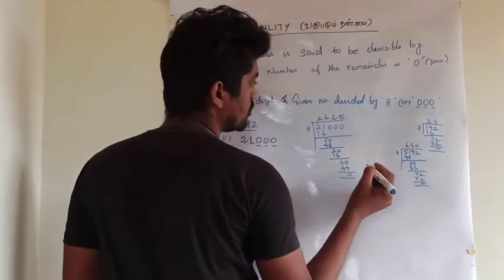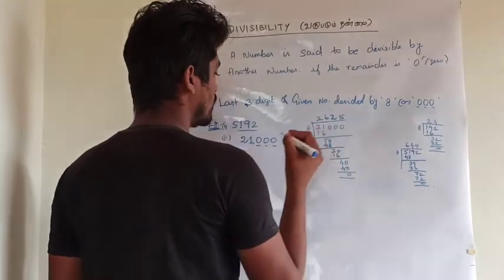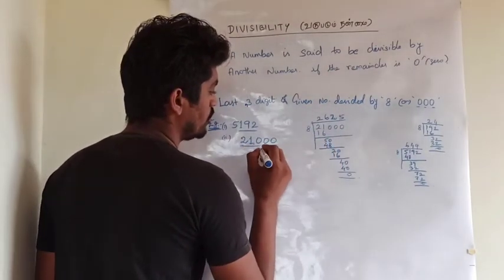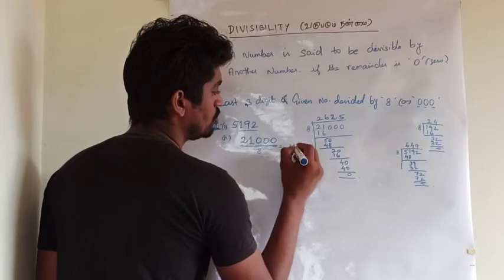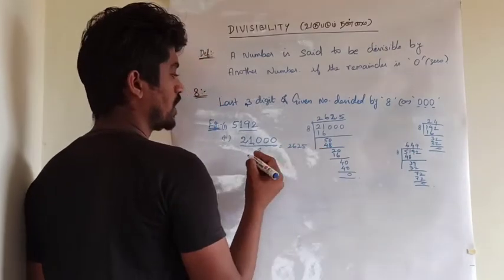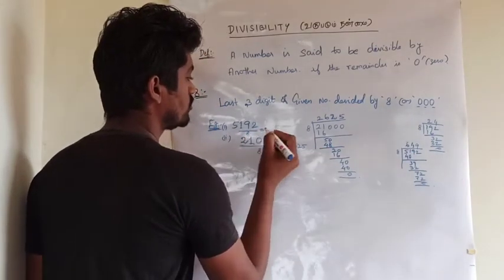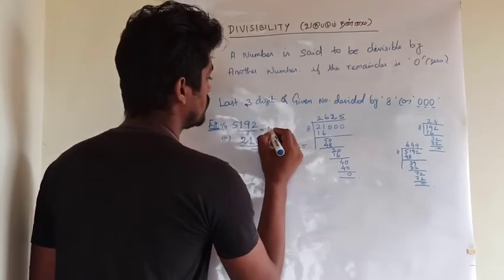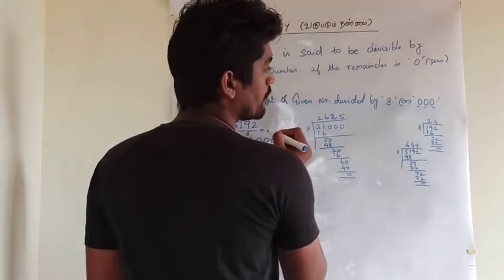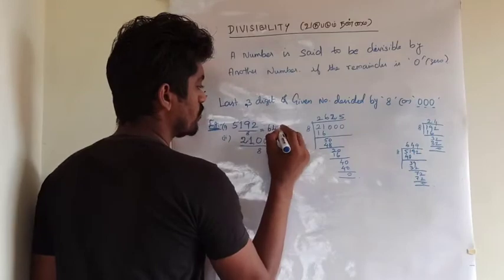The remainder is 0. The value of 21000 divided by 8 is 2625. The value of 5192 divided by 8 is 649.